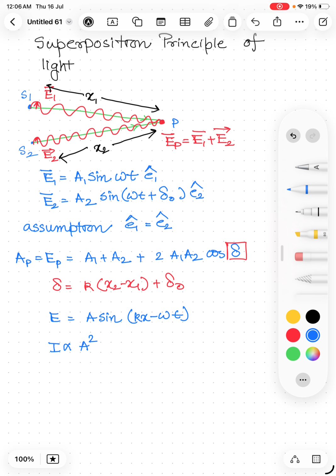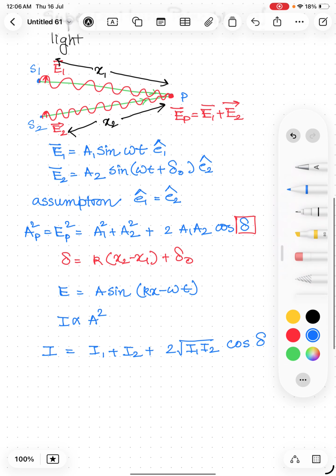With this assumption, we have already derived I equals I1 plus I2 plus 2 root over I1 I2 into cos delta. Fine. Now what are these? This is the intensity at point P. This is the intensity coming from source 1.